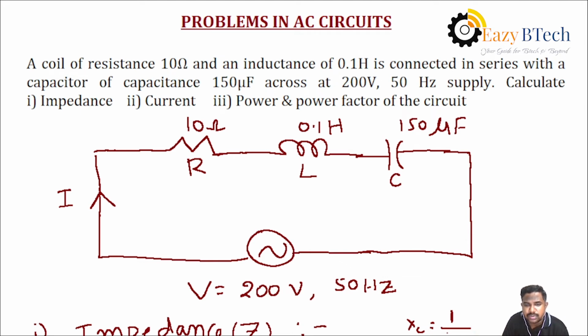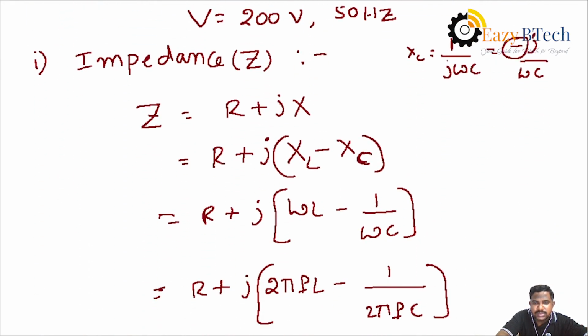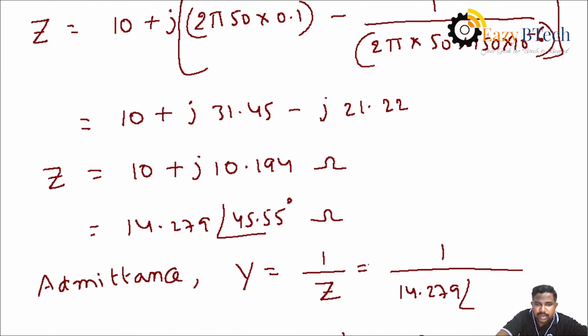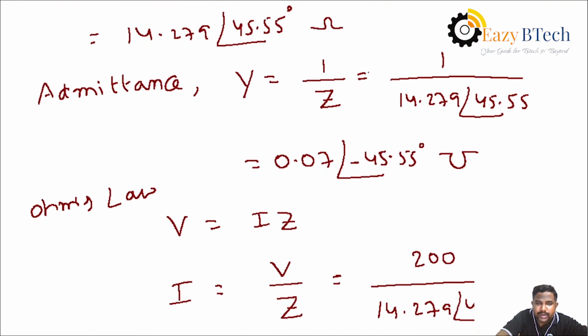After that, find out the total impedance value of the single phase AC circuit, that is Z. Then by using the formula R plus jX, X is nothing but the reactive component. The reactive component of inductance is XL and the reactive component of capacitance is XC. Then XL minus XC. Replace all values by using the formulas and calculate the impedance.